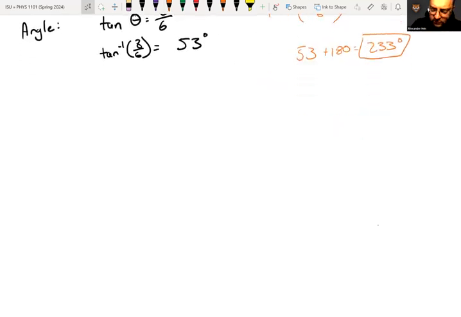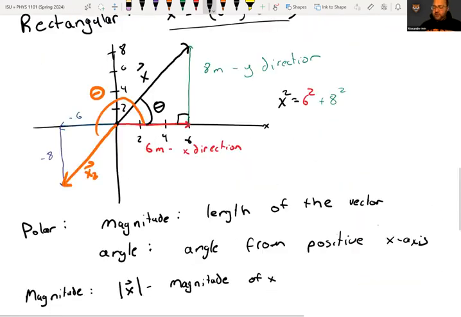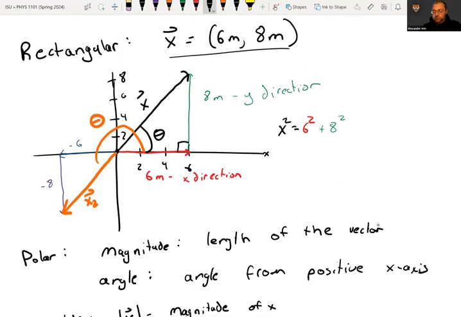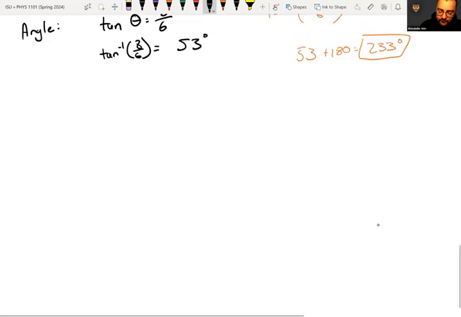A couple other things I wanted to talk about. The way you can think about this position vector, or if it was a displacement vector, is displacement vectors.